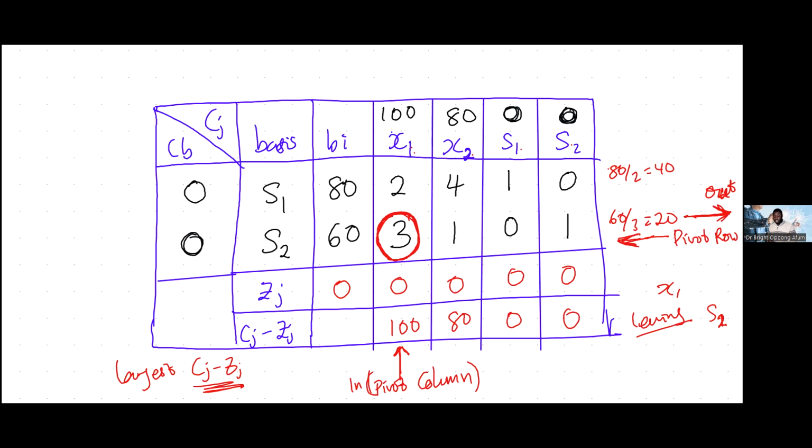So the new row is first to divide all the pivot row by the pivot number. The main reason is that we want the pivot number, which is 3 here, to attain a value of 1 unit. So we divide everything.